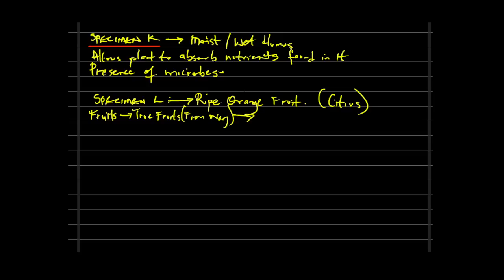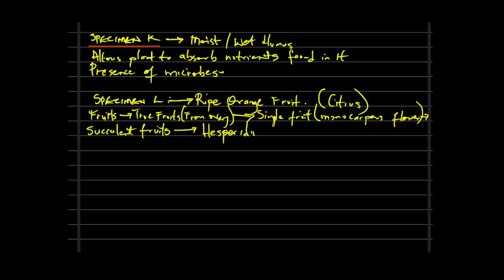So we have the simple fruit. It is also called simple fruit, from a monocarpous flower, to the succulent fruits, and then we can have the Hesperidium, and that is where we now have the class, e.g. orange.